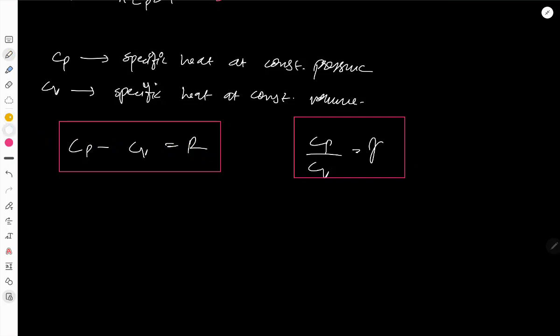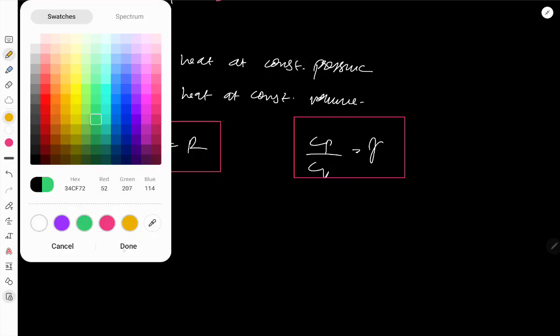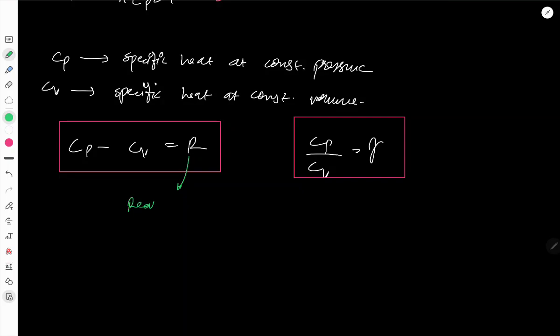So let me use another color. This is the real gas constant, and this is a constant which we assume for the ratio, and gamma comes out different for different types of gases.